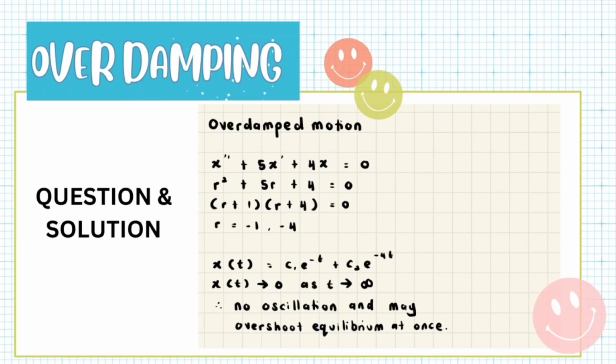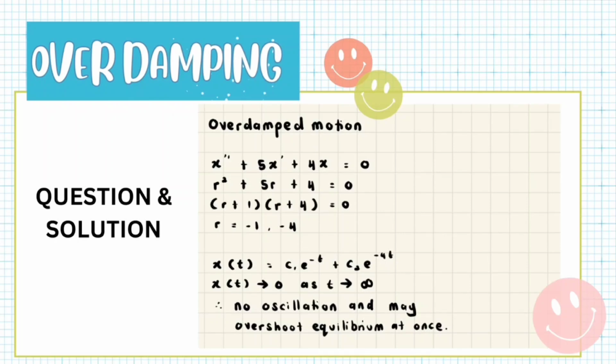For this overdamping spring, the equation below brings us to an overdamping situation, which is x'' plus 5x' plus 4x equal to 0. Here, the characteristic equation is r squared plus 5r plus 4 equal to 0. From this, we factor to write (r plus 1)(r plus 4) equal to 0.